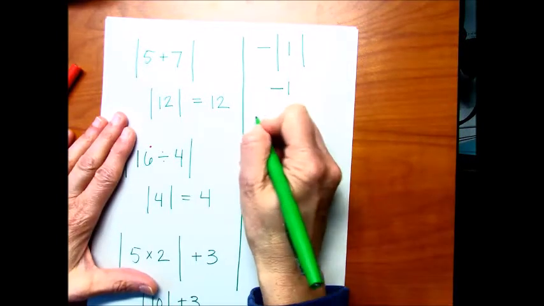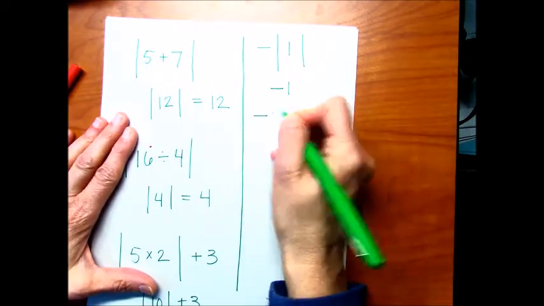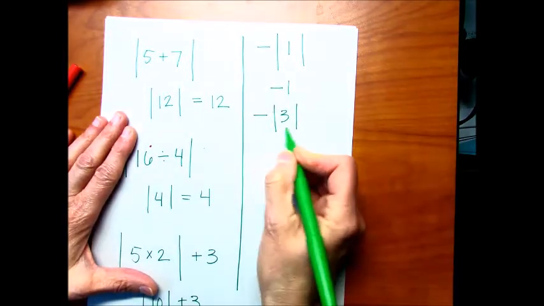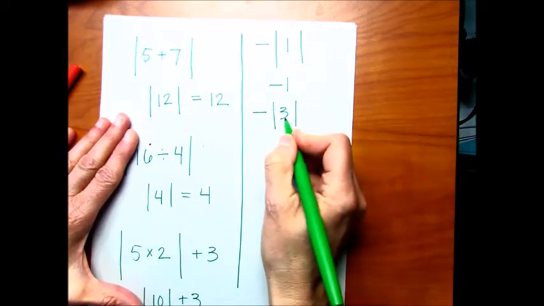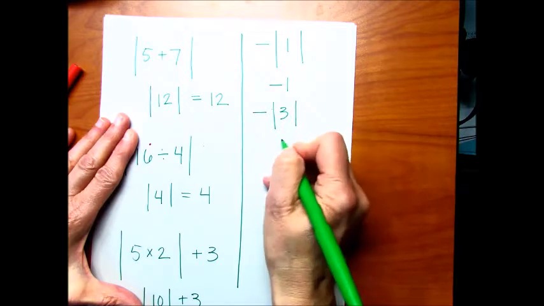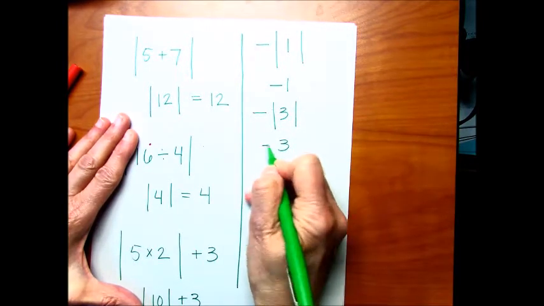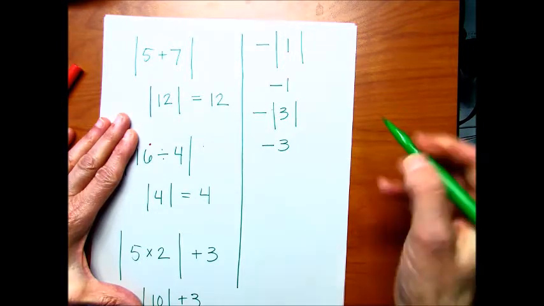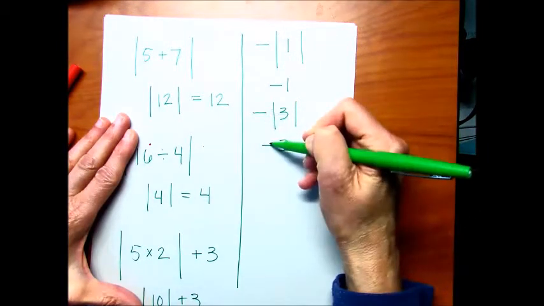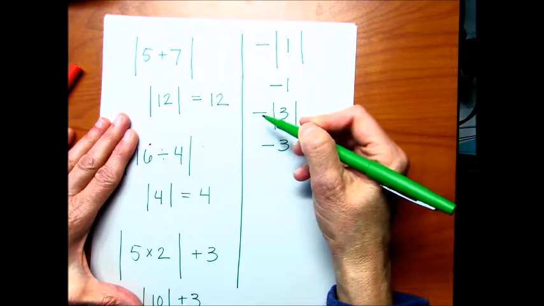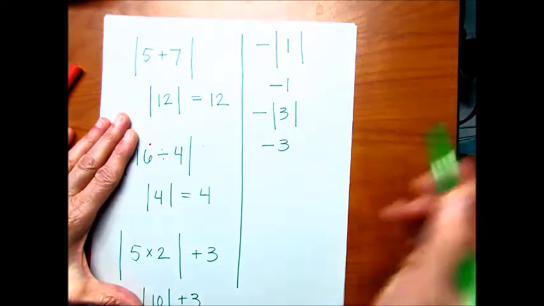Let's do another one. Let's say we have the opposite of the absolute value of 3. So the absolute value of 3 is going to be 3, but the opposite of positive 3 is negative 3. So essentially we're bringing down that negative. Opposite and negative kind of have similar connotations.